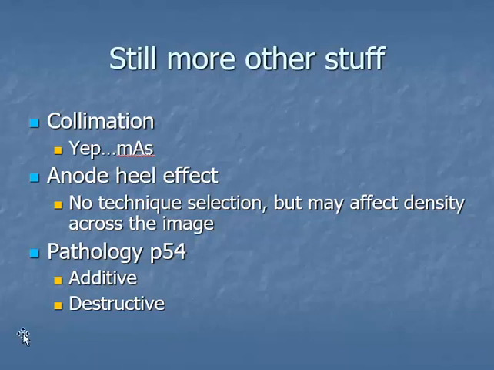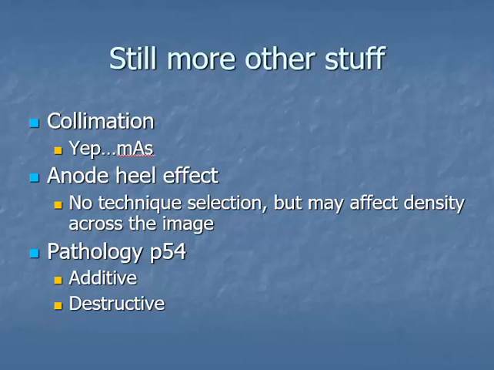Keep in mind with your pathology, you've got two different types of pathology. You've got additive and you've got destructive pathology. Additive pathology is anything that increases the perceived patient atomic number. So it adds density to the anatomy, whereas a destructive pathology removes it.